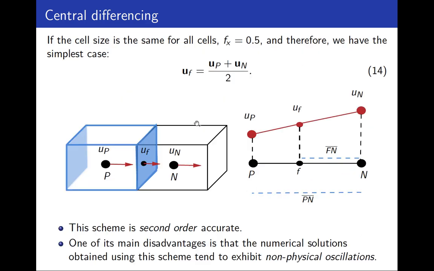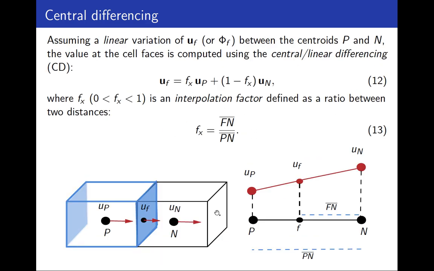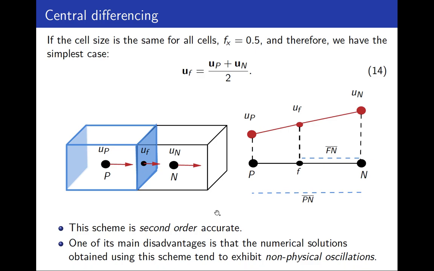This is a general equation, but it can be simplified if the cell size is the same for all cells, so the size of this cell is equal to the cell size of this cell.